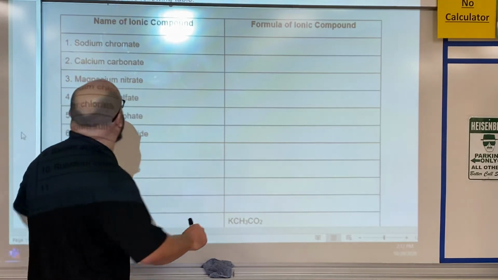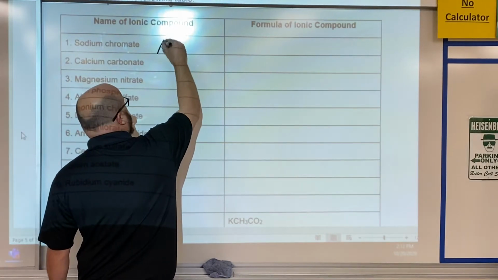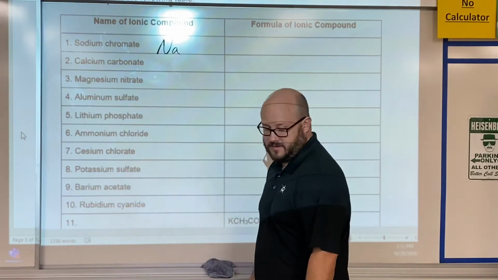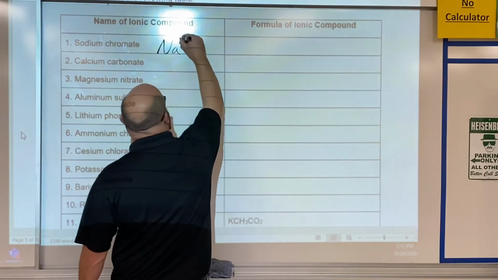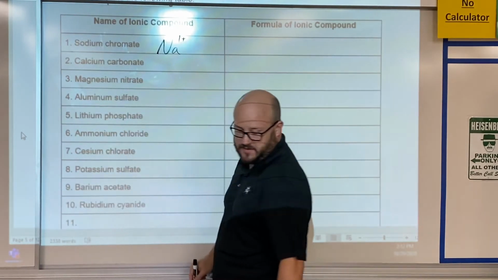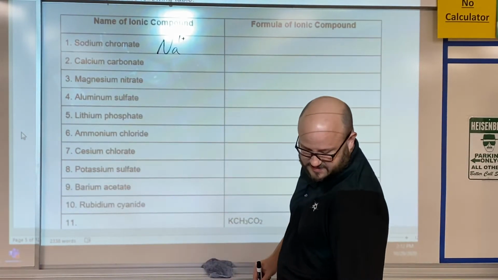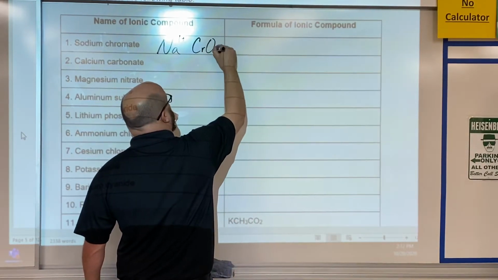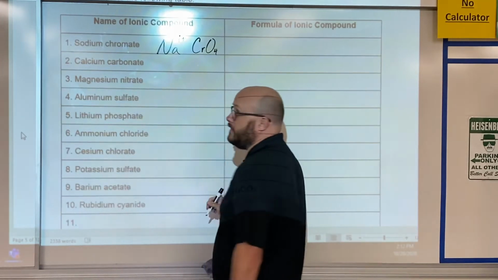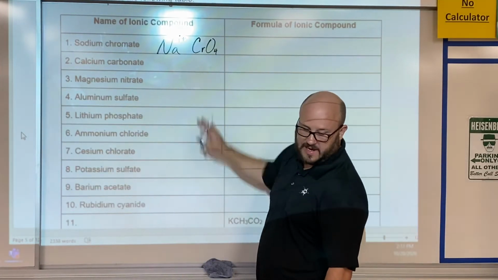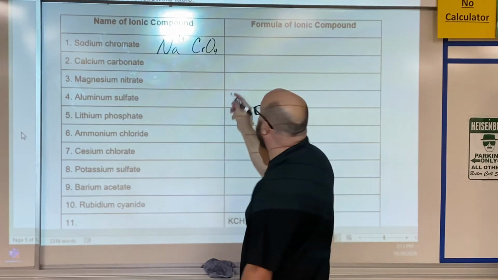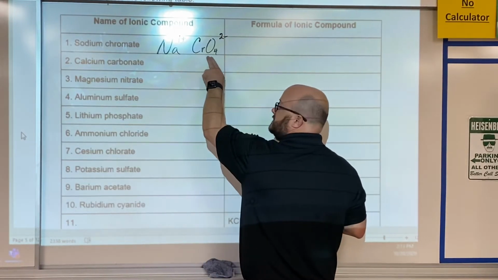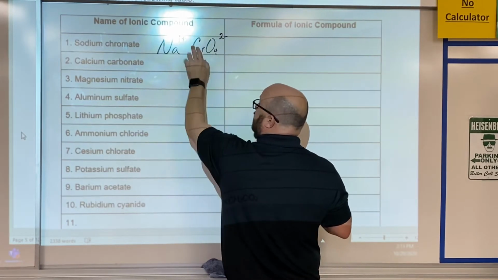So sodium chromate. First up, write your formulas. Sodium is Na, and it's a 1+. And then chromate is CrO4. And that's the polyatomic. The ion portion is a 2-. Again, that's not the oxygen that's charged, that's the whole thing.